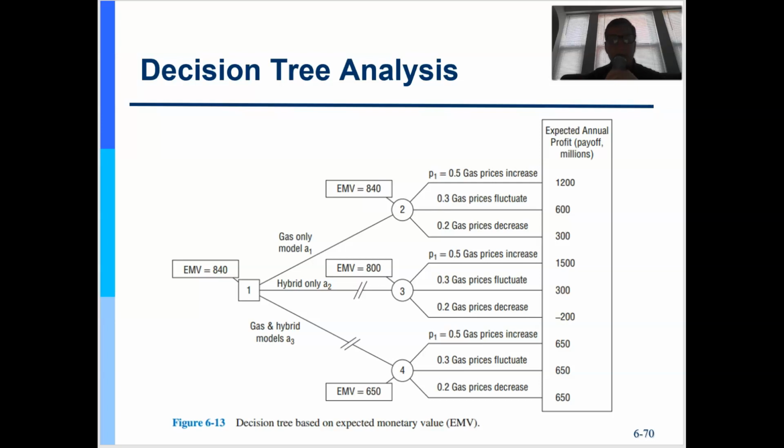Earned value is cost management. This is a risk approach, which is basically probability times impact. This is a risk approach. Expected monetary value, that's what EMV stands for. Earned value is back in cost management. This is expected monetary value, and it's a risk approach using the decision tree.